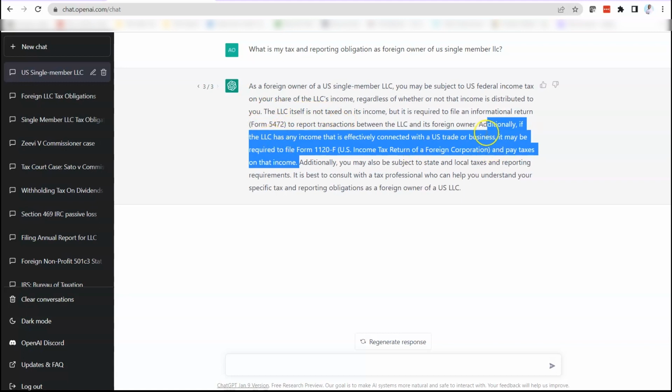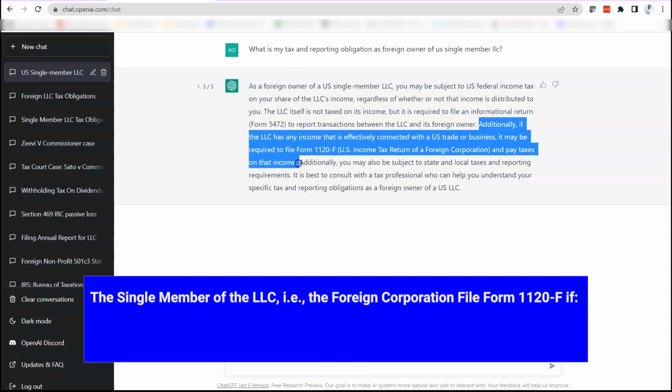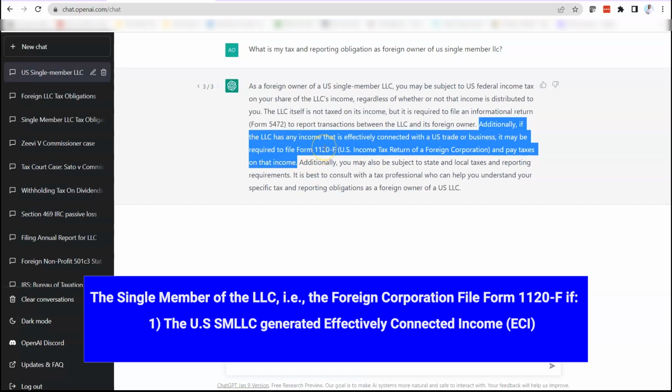So this statement here is wrong: the LLC does not file 1120F unless the LLC is owned by a foreign corporation. If the LLC is owned by a foreign corporation, the foreign corporation itself will pick up the LLC's income and file 1120F and report the income.